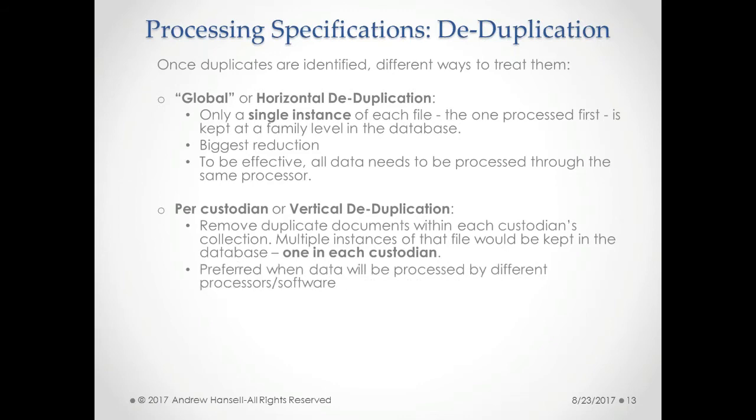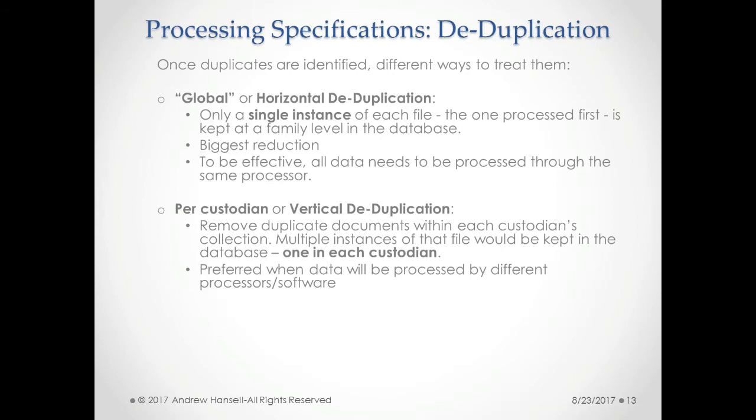And I suggest using this type of deduplication where your data is going to be processed by different processors, because that's how you're going to be able to apply it. The global deduplication is not going to work. You're not going to be able to get rid of all these other instances, because if the data is processed in 2 different locations, I won't know that there was an instance in the other location. The confusion that can result from using global deduplication if you are processing in different locations is that it is going to be effective within data that was processed in the same location.